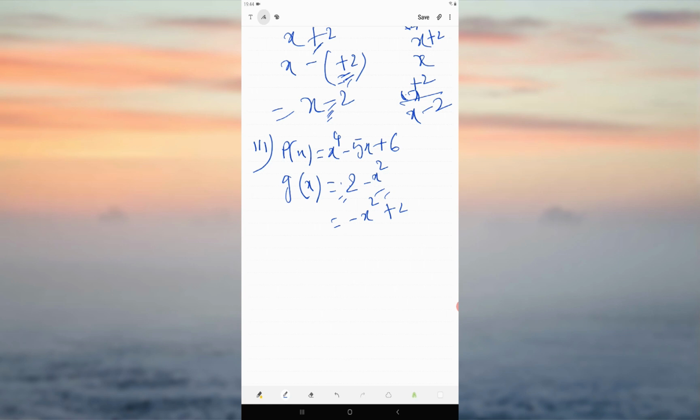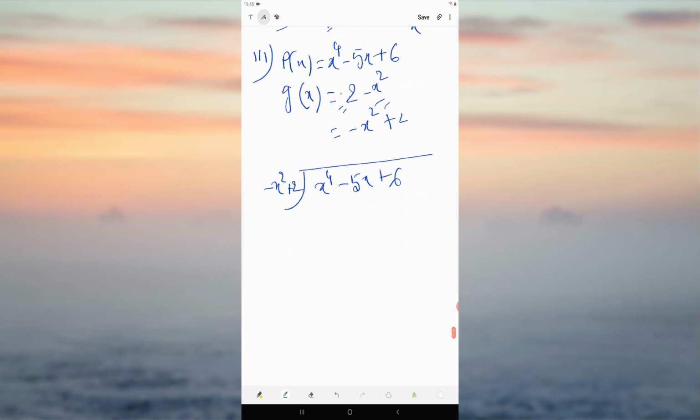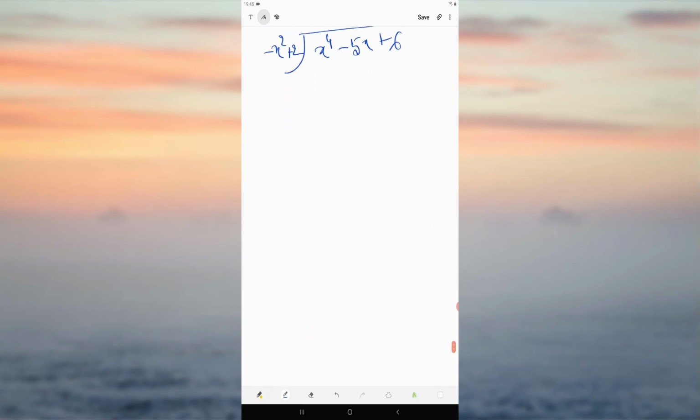Now let's divide. So minus x square plus 2, and what is the thing for us? x to the power 4 minus 5x plus 6. Now let's do division. What is the highest power for x? In px it is x to the power 4, in gx it is minus x square. So let's divide first x to the power 4 divided by minus x square.